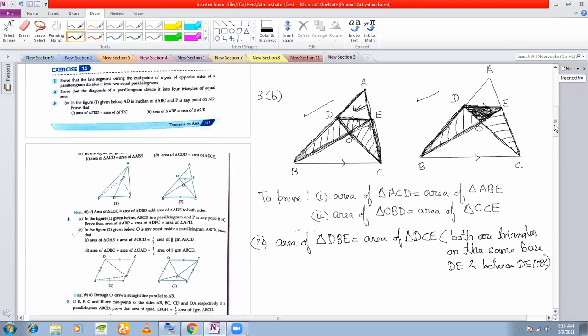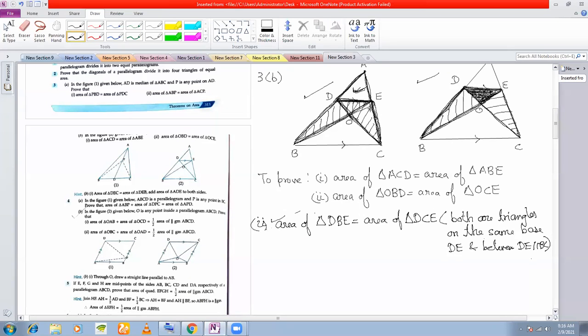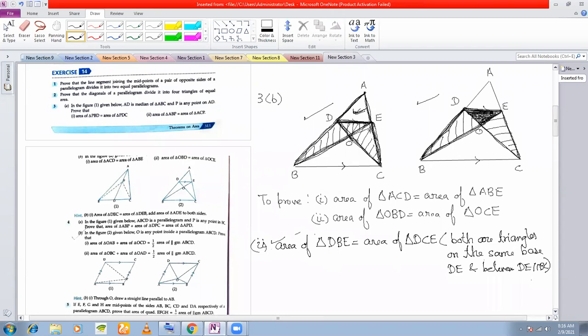Okay. Now from this equation that we have written, area of triangle DBE is equal to area of triangle DCE. I am going to shade. I'm going to subtract from both sides the area of this black shaded triangle.